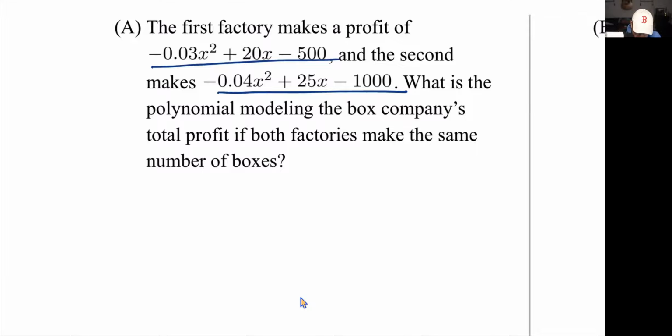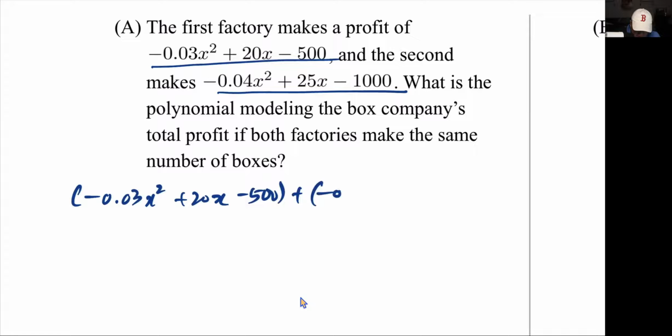Okay. So let's write that horizontally. Negative 0.03x squared plus 20x minus 500 plus negative 0.04x squared plus 25x minus 1,000.